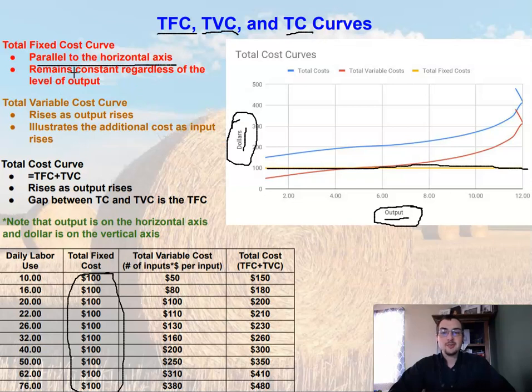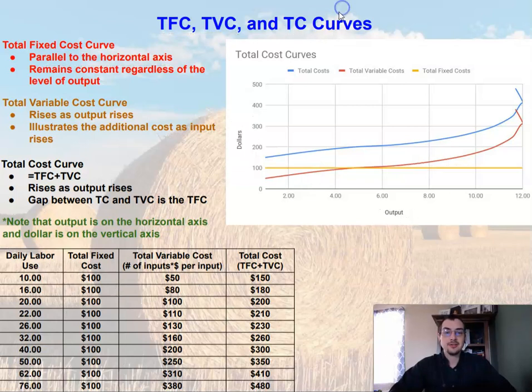The reason why is because it remains constant regardless of the output. These are our fixed costs. They don't change. It's like that tractor: we can park it or we can drive it 7 days a week, either way, it's still going to cost us the exact same amount in the tractor payment. So it doesn't matter if we produce 0 units of output or 12 units of output, we're still going to have to pay this $100. So the total fixed cost curve is going to be a straight line horizontal to the axis.